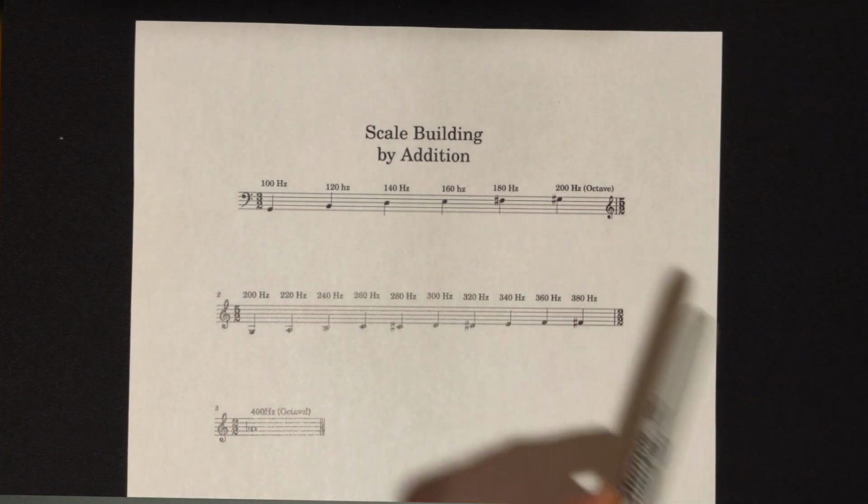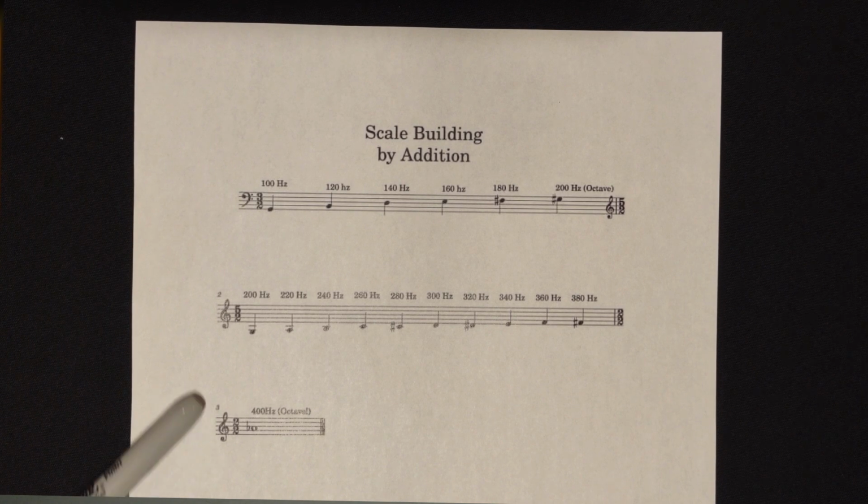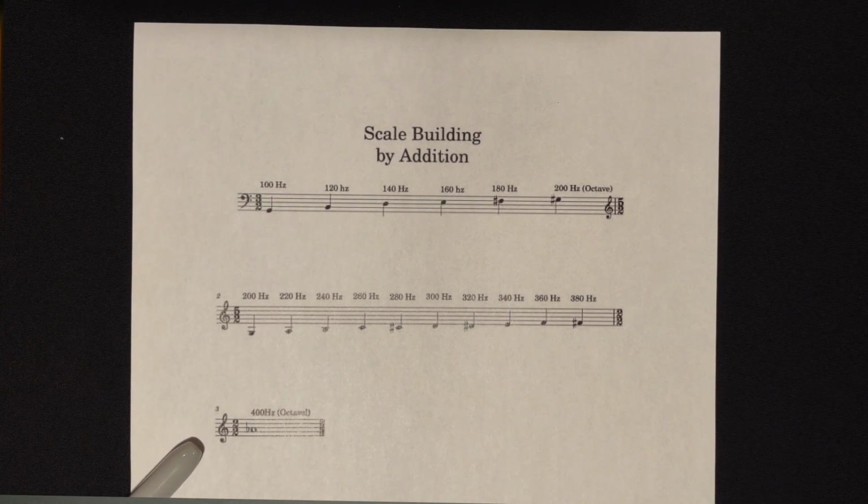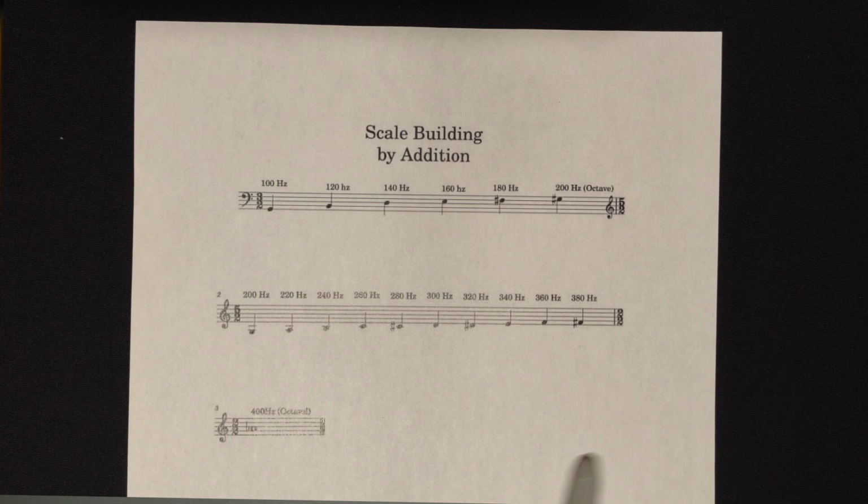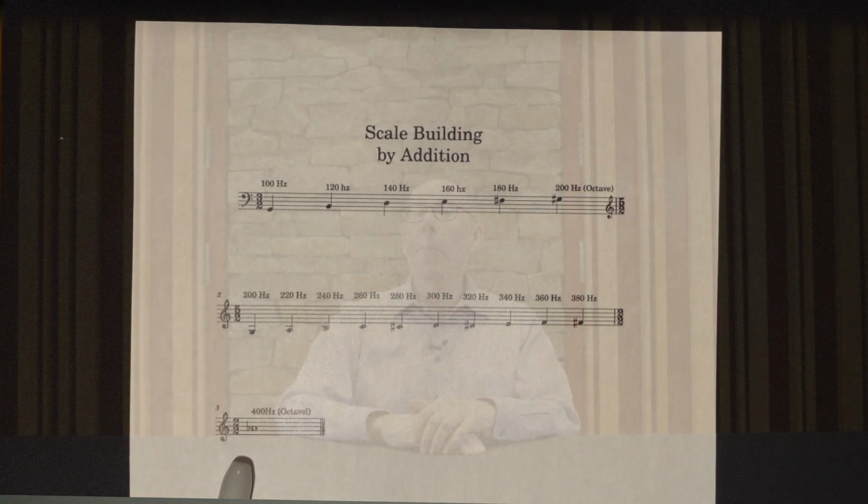Go up another octave to 400 Hz. If we go from 200 to 400, again by 20 Hz at a time, we would have a 10-note scale. The notes would sound much closer together. Going up another octave, 20 Hz at a time, from 400 to 800 Hz, would lead to a 20-note scale.